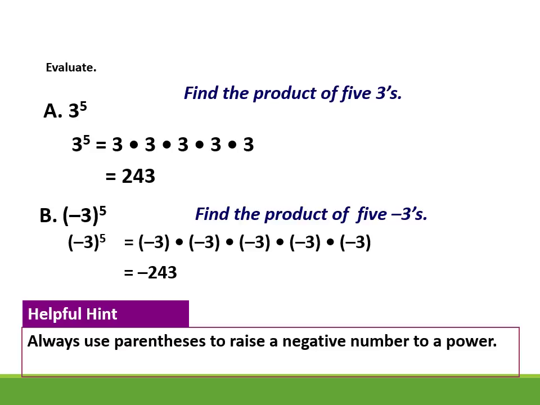So that's why keeping the negative signs inside the parentheses is important, because it gives another answer. We also have 7 to the fourth power.